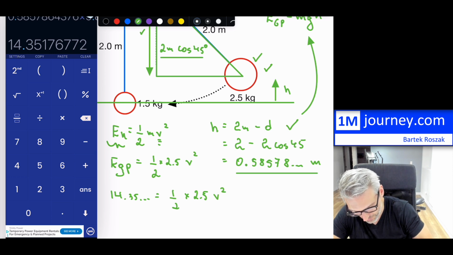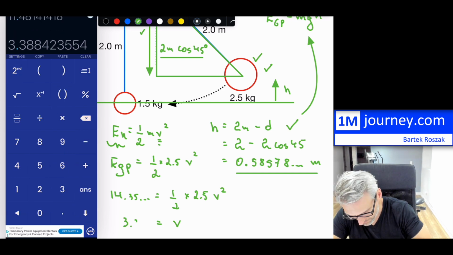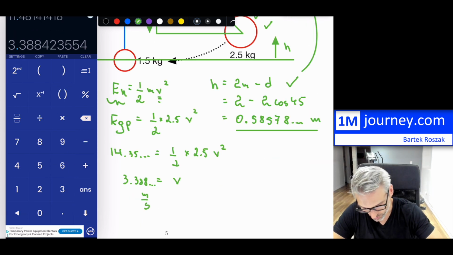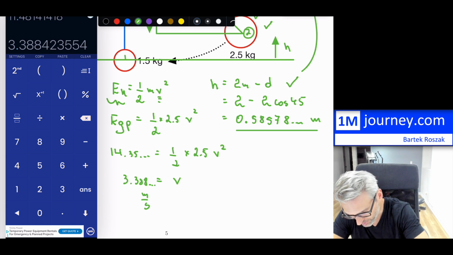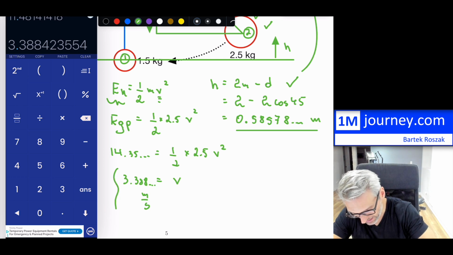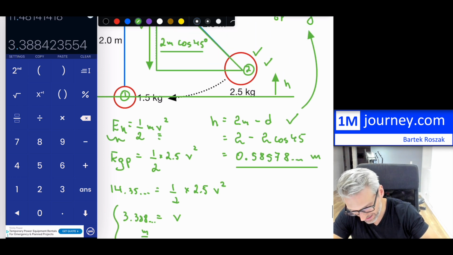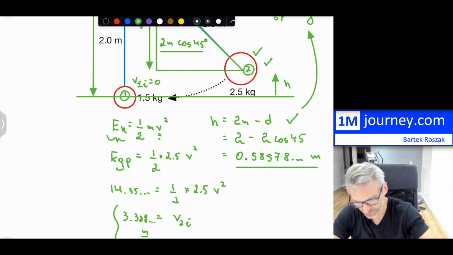So I can solve for v. I'm going to do that right now. So there you go. I'm going to call this 2 and this 1. So now I have the speed at impact. The second one is v2i, and then this v1i is 0.